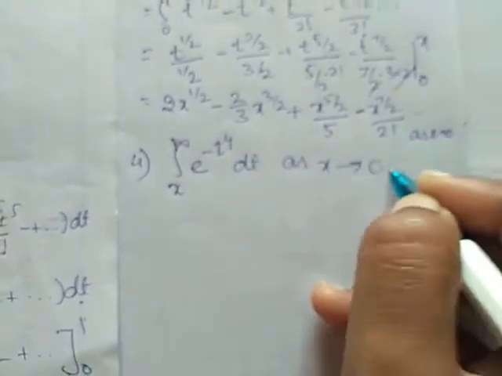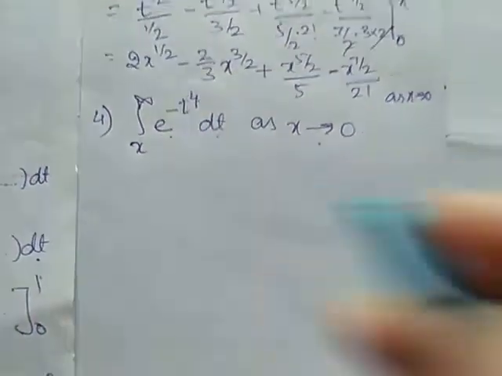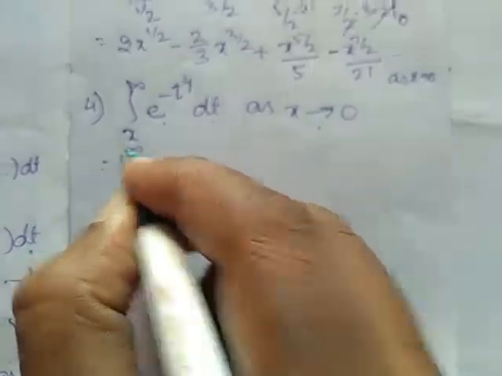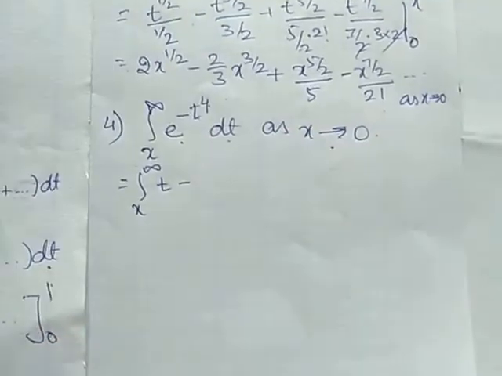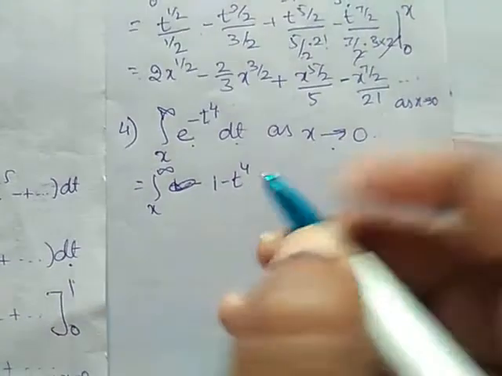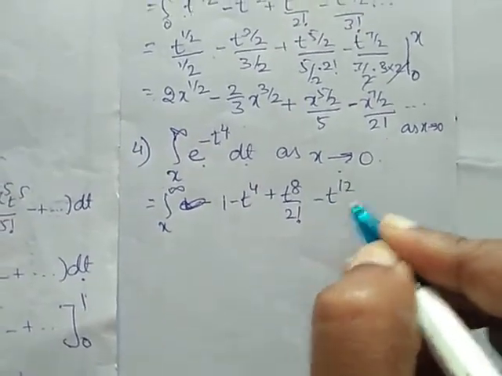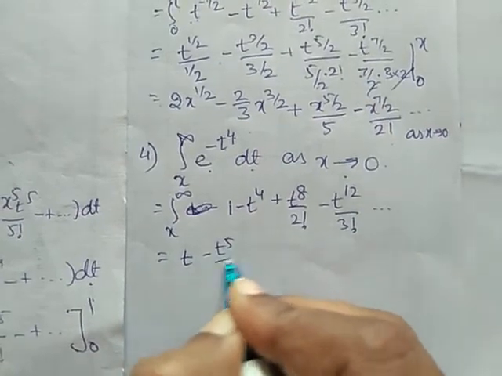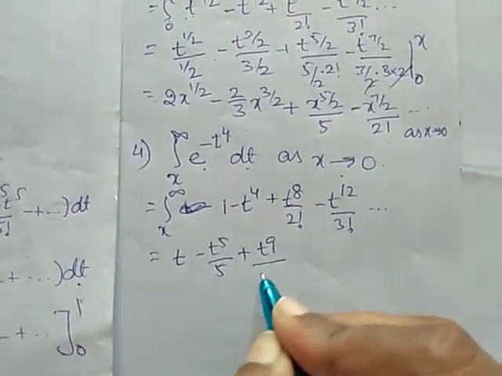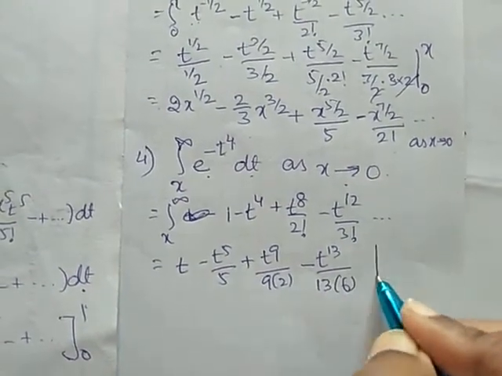Similarly, if we expand it using the exponential formula, we will get 1 minus t power 4 plus square of this, t power 8 by 2 factorial, minus cube of that, t power 12 by 3 factorial, etc. When we integrate this, we will get t minus t power 5 by 5 plus t power 9 by 9 into 2, minus t power 13 by 13 into 6, between x to infinity.